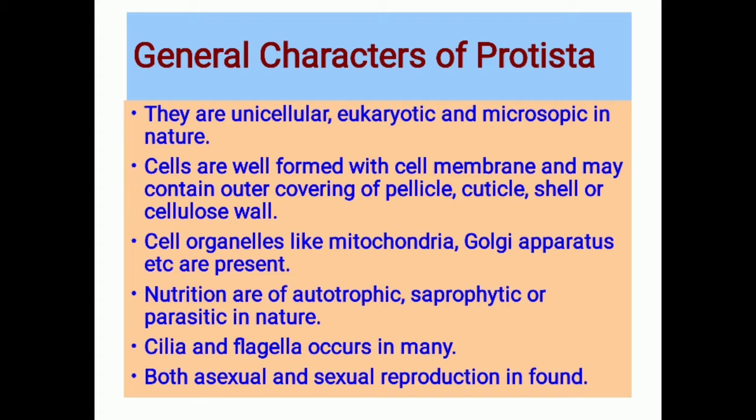So there are various modes of nutrition in these members of Protista. They have cilia and flagella for locomotion, and both asexual and sexual reproduction is found in the Protistans. I hope the first characteristic is clear to all of you.